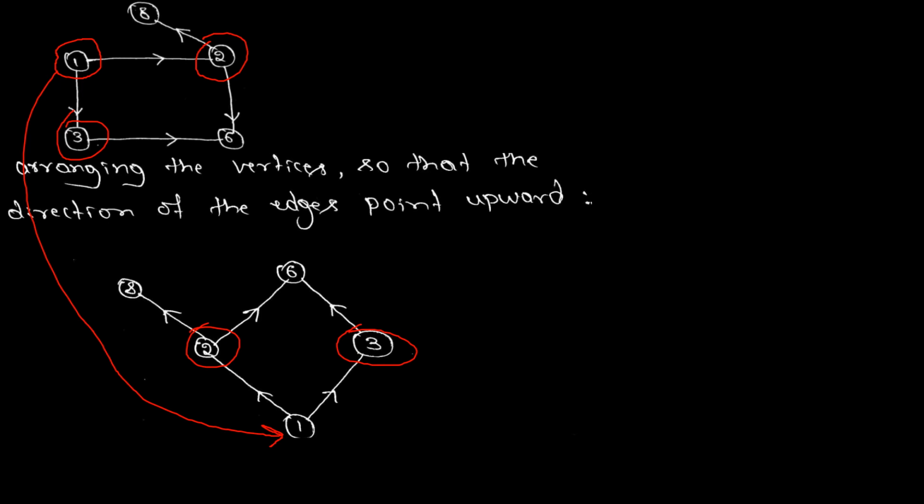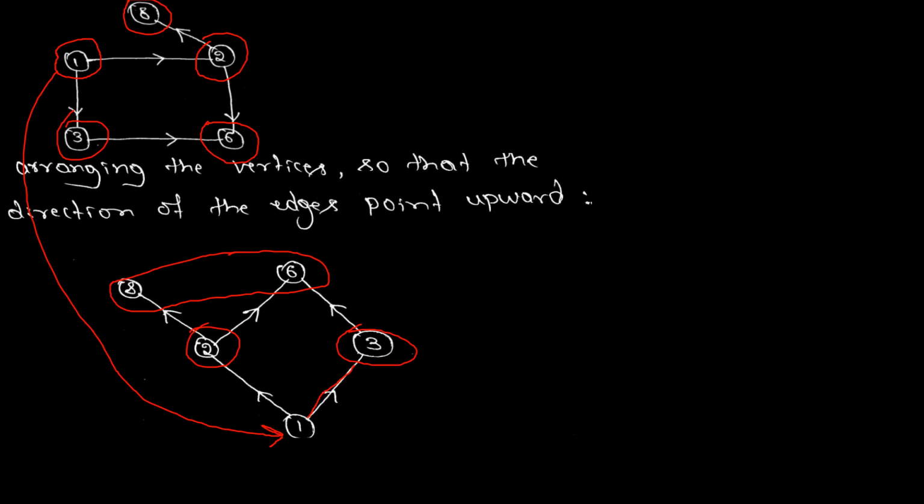And the vertices which are adjacent to 3 and 2, that is 6 and 8, have been taken to another level. Now you can see every arrow is directing upward.